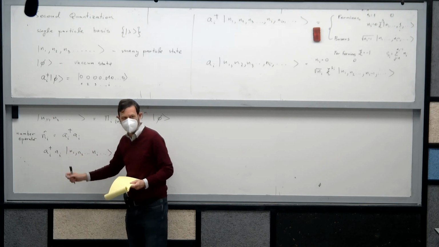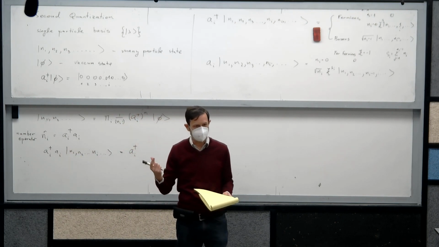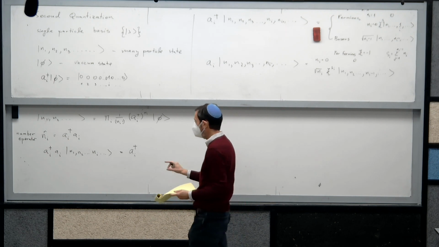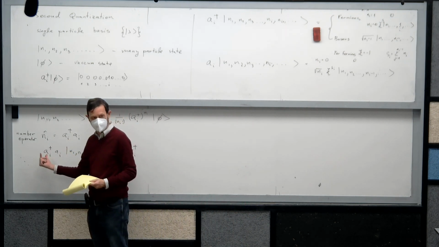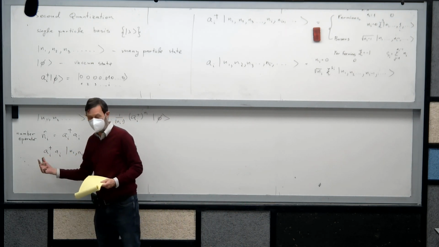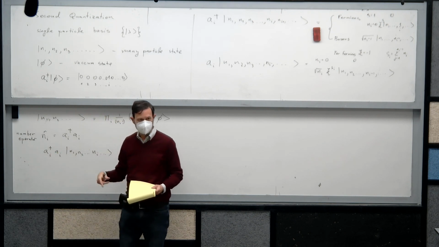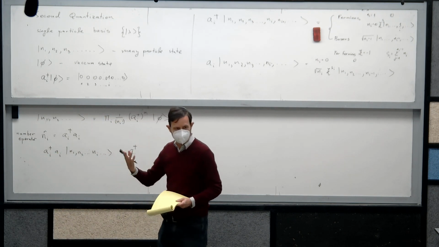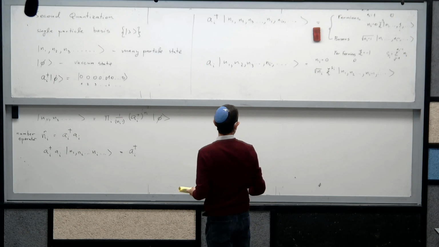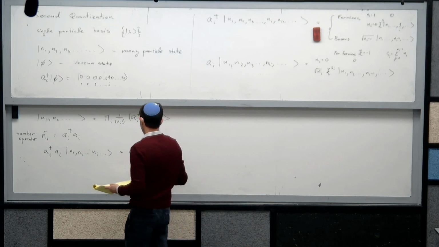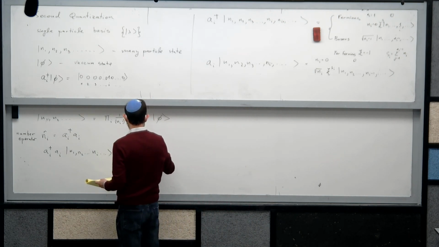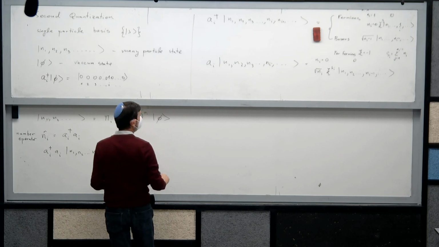In a moment, I write commutation relations, and therefore, you never change the order without thinking. So I'm first annihilating and then creating. The answer is square root of Ni.